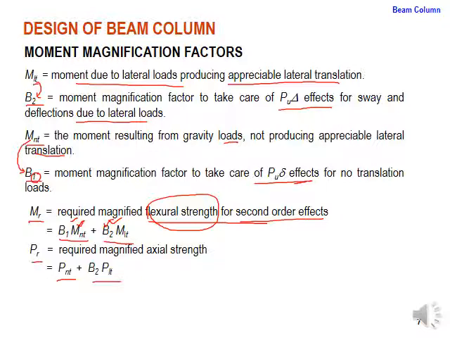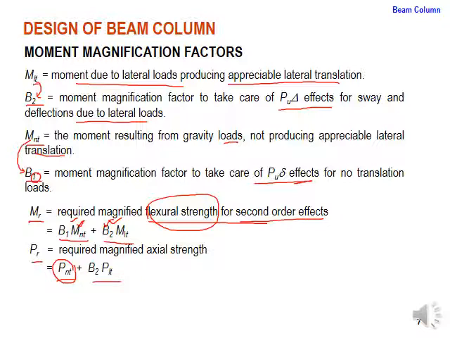Why is that so? Because your PNT is the axial load, that is the gravity load, that is not causing the sway. So what does it mean? That there is no need of the magnifier, because the member effect is due to the axial load. So your axial load itself is causing the bending moment. Okay, that is going to give you a certain P delta effect. So your P is causing the P delta effect.